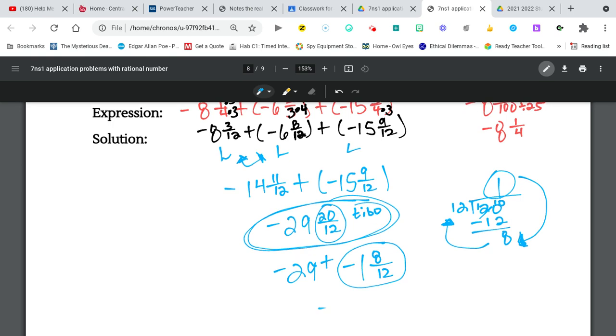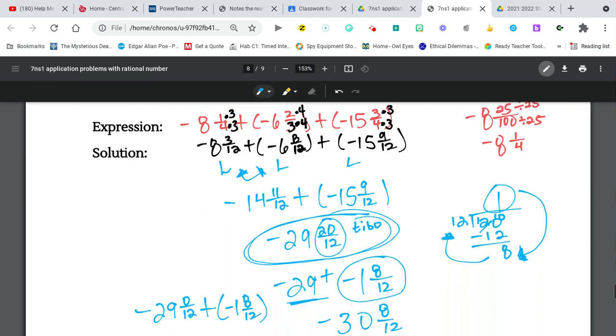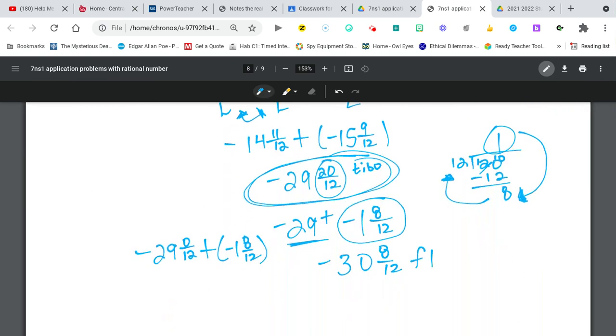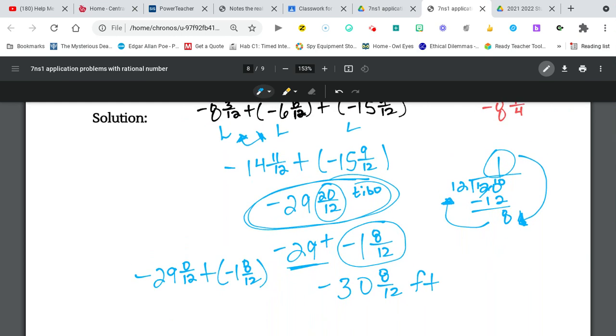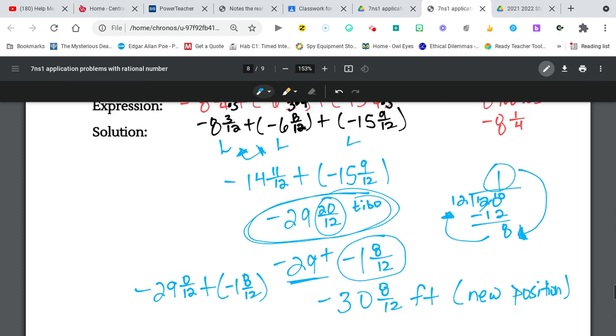So now I add: that's negative 30 and 8/12, because I want you to remember this is negative 29 and 0/12 plus negative 1 and 8/12. There are actually 0/12 there. And so we end up with negative 30 and 8/12, and it's in terms of feet, guys. That's the new position of the AUV. And that is all you do.